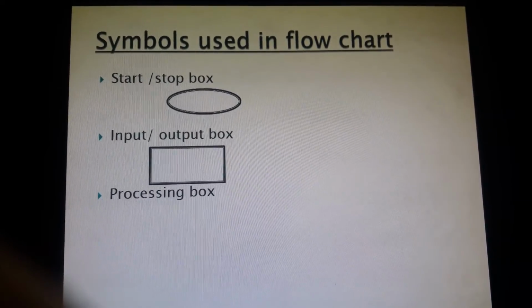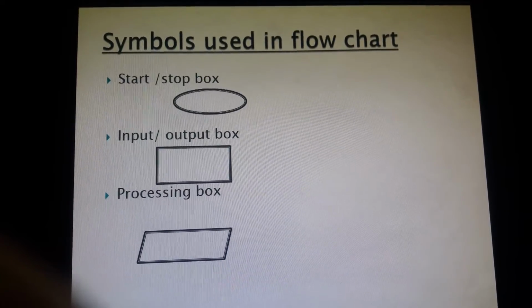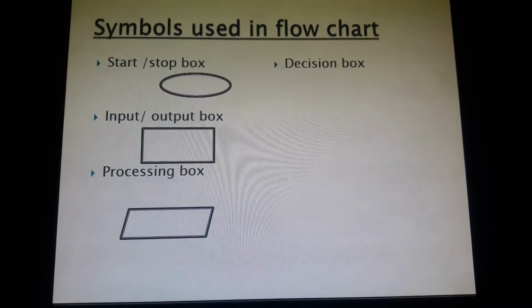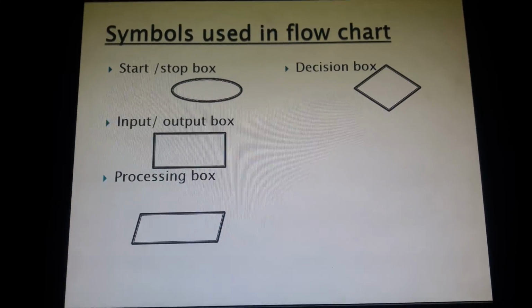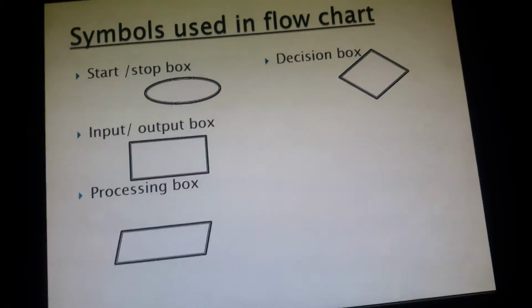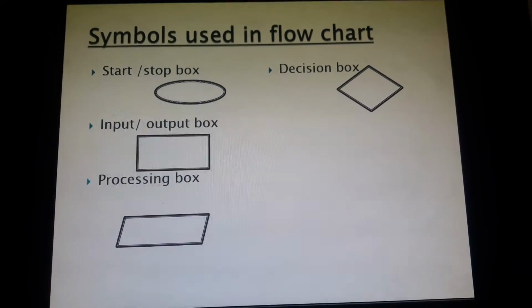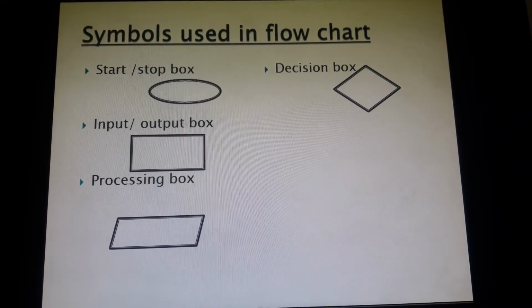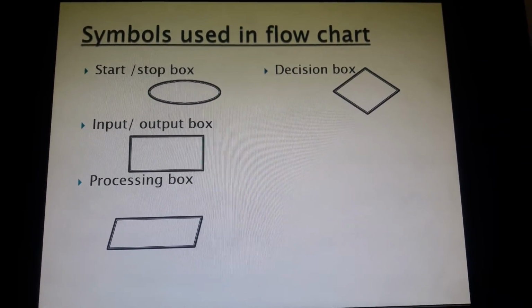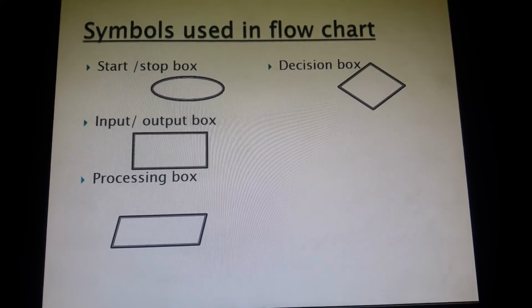For processing, to show the processing, we'll use parallelogram. Decision box, to show the decision, to take the decision. The decision means you have to say yes or no, or when you're comparing two numbers, finding out greater number or smaller number, then there you'll use this decision box.